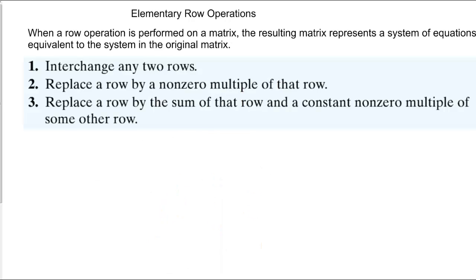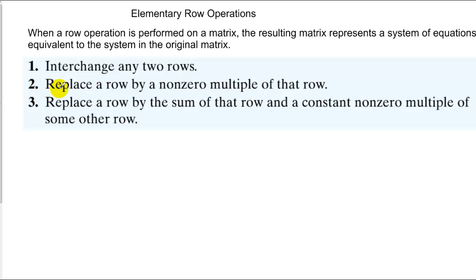When we do operations on augmented matrices, there are these things called elementary row operations. And when these operations are performed, the result is we get back systems of equations equivalent to our original system in our original matrix. So one of the things we can do is interchange any two rows of a matrix and have the same system that we started with.